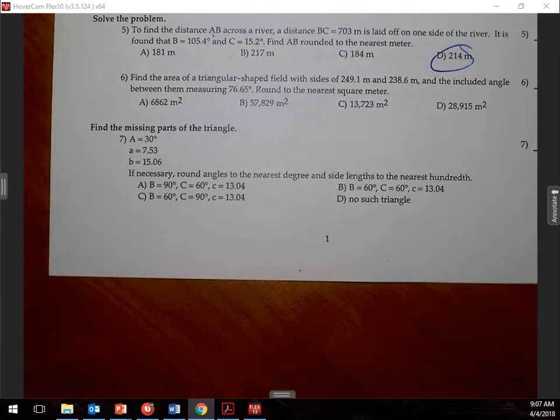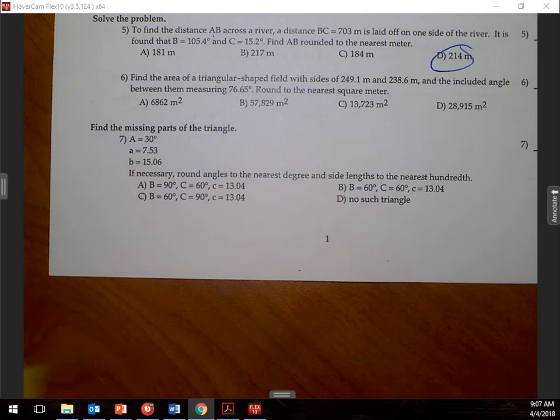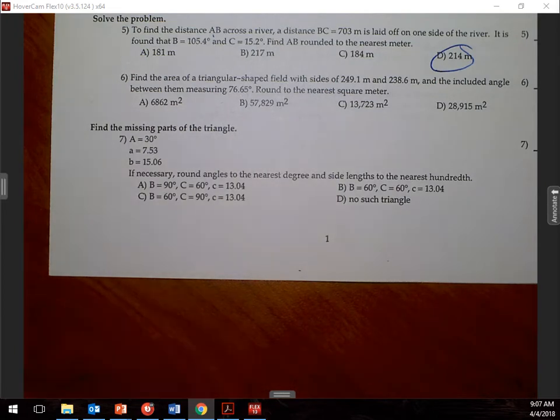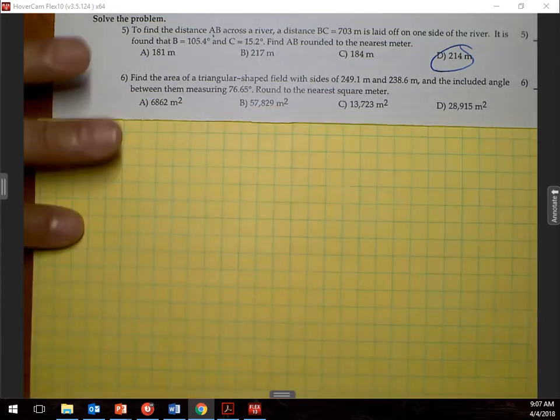So let's take a look at this next one, number 6. I'm going to start by drawing a new triangle.